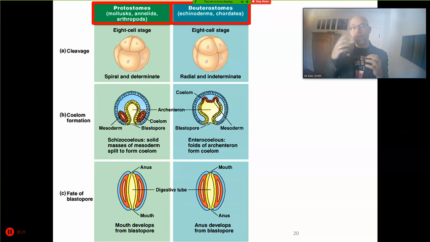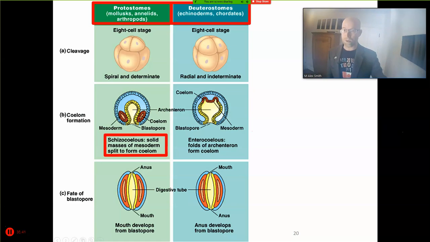Now, I will say, developmentally, these stages were really, really important to our understanding of the splits between the deuterostomes and the protostomes. And as with many things that we've understood in invertebrate morphology and evolution for a long time, it's not quite as simple as this. But these are big developmental characterizations of these two groups, the protostomes containing the platyhelminth worms, which we'll talk about in a second.